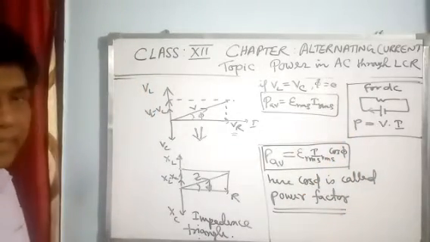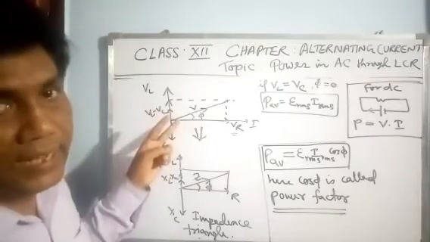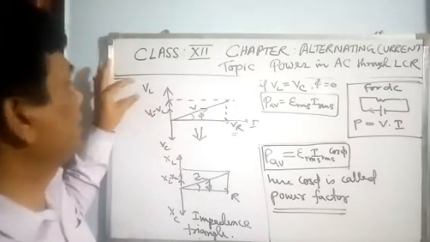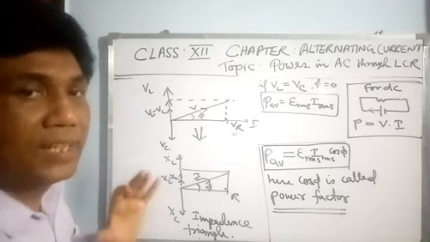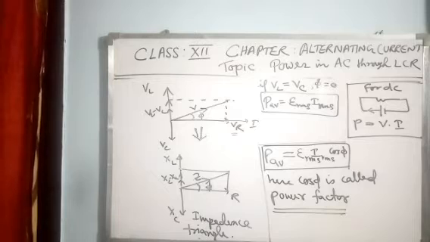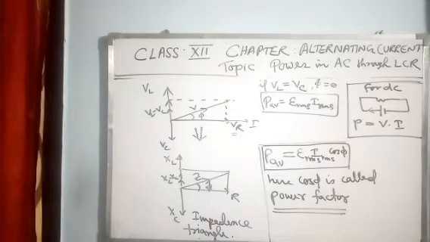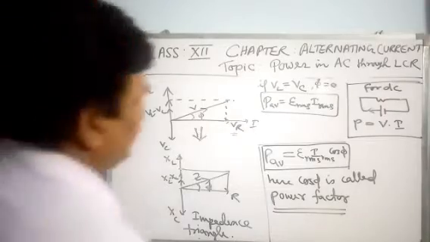At which condition will the maximum power be delivered? When the voltage across the inductor and the voltage across the capacitor are the same, the maximum power will be delivered. And that thing we have already discussed in the resonance circuit also. No problem. Good.